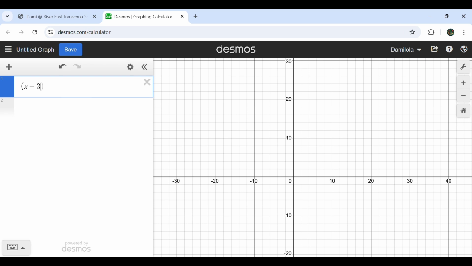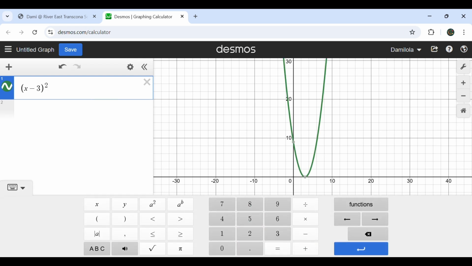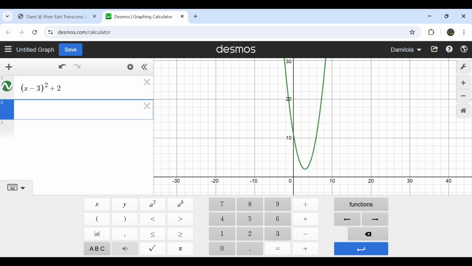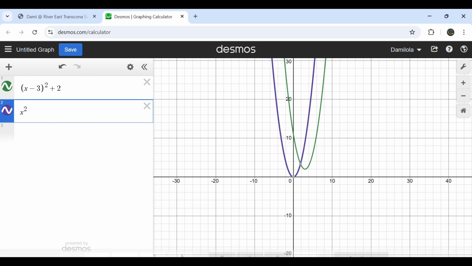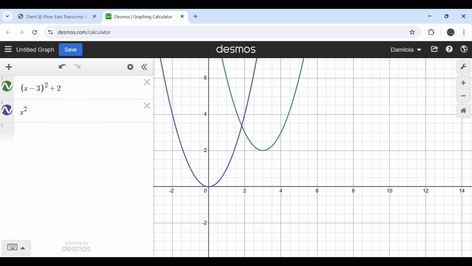So an example would be (x minus 3) squared. We know it's a quadratic equation because of the square, plus 2. For comparison with an actual quadratic equation, we can see blue is the original, and green is the transformed graph.